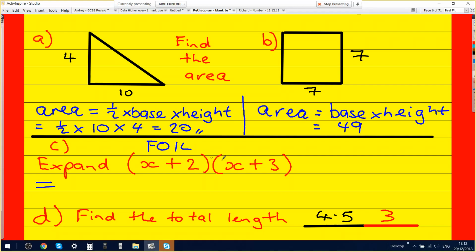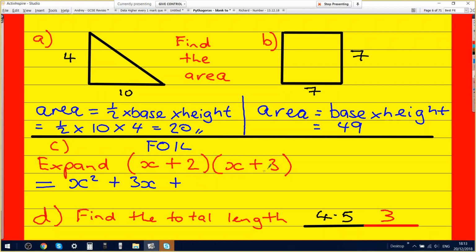The first two is x times x, x squared. The outside two are x and 3, x times 3, 3x. Inside two, 2 times x, 2x.